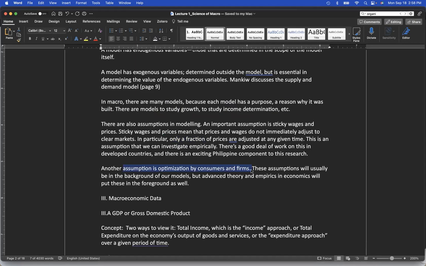In the models that we have here in class, and the ones that I expect you to really know, optimization by firms and consumers will be in the background. And then we'll basically assume that the demand curve exists. We'll say that the supply curve exists, and we'll just play around with the slopes, the elasticities of demand and supply. In some very advanced models, you will include the kind of utility function, the kind of firm competition.